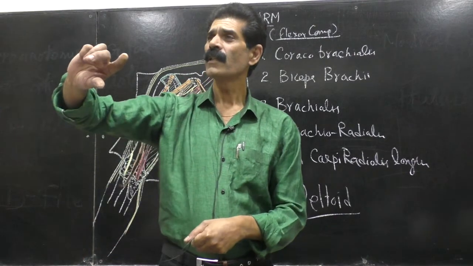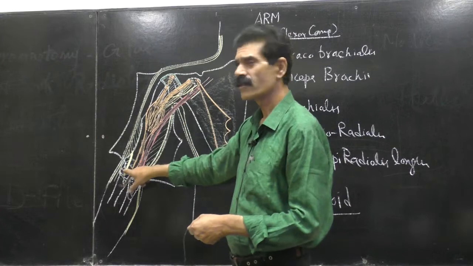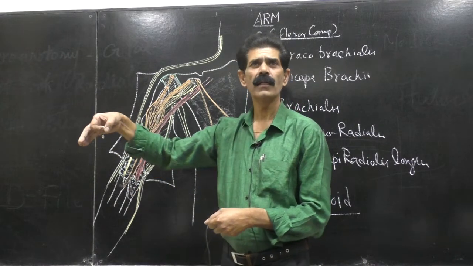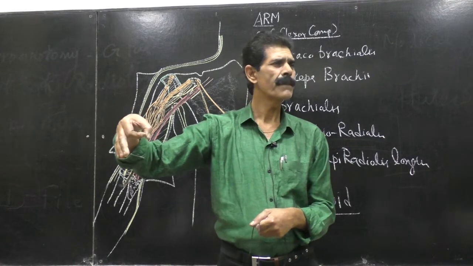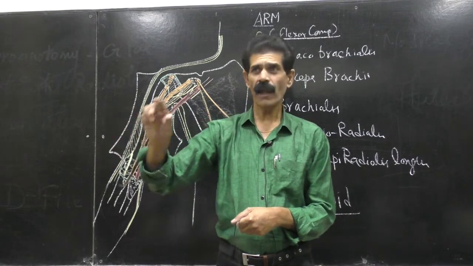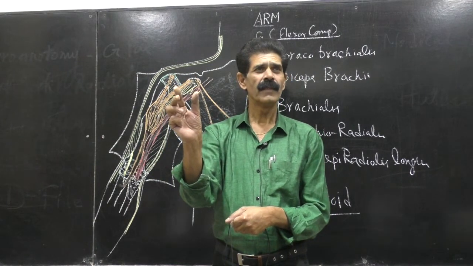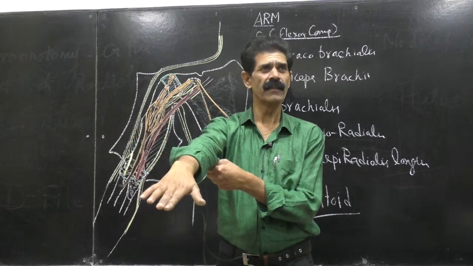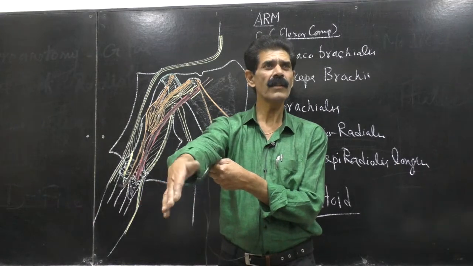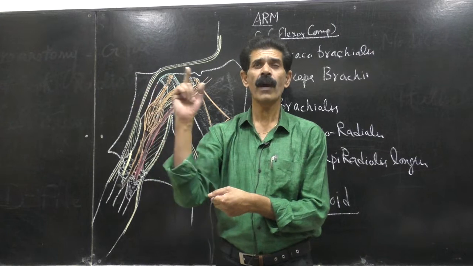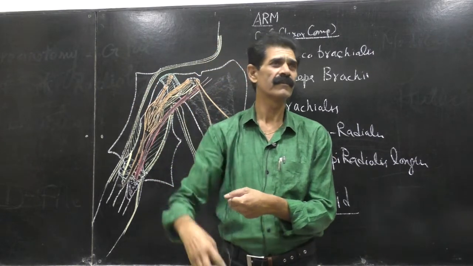It brings about rotation of the pivot joint between the capitulum and the superior surface of the head of the radius. So the head of the radius rotates around the fixed capitulum. And if your arm is pronated, it brings about supination. So write down, it is a powerful supinator.